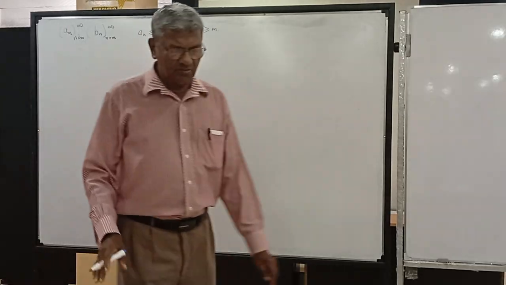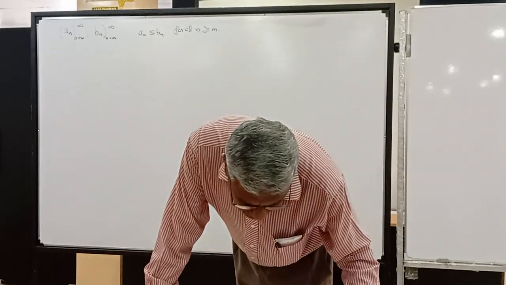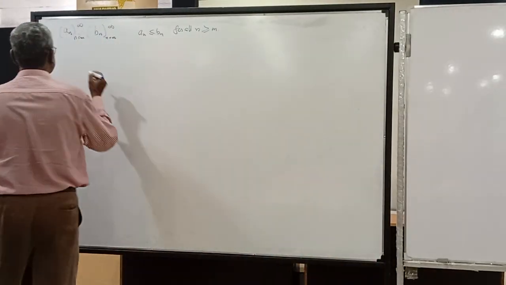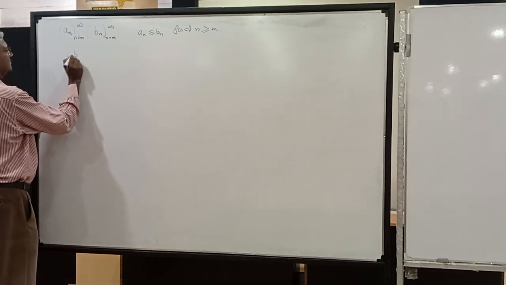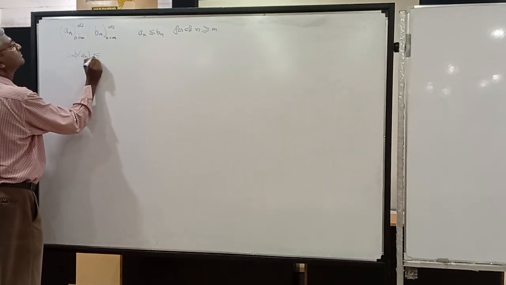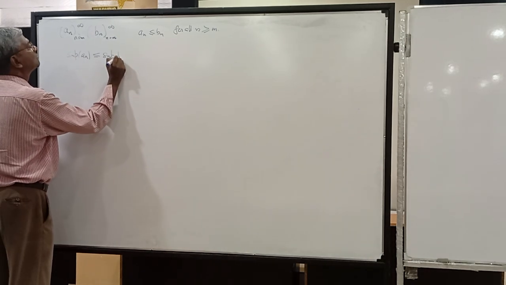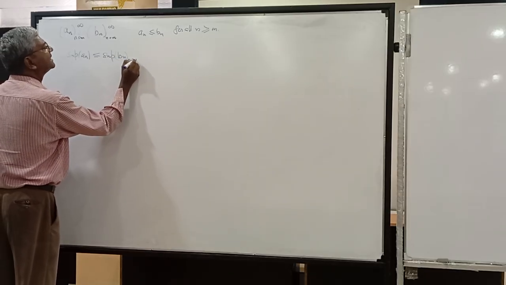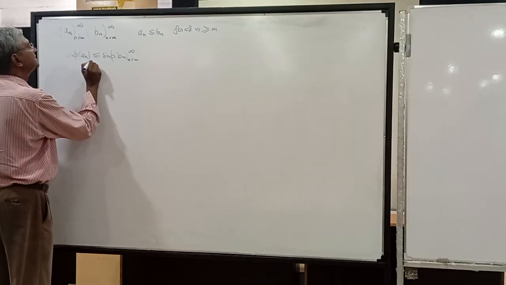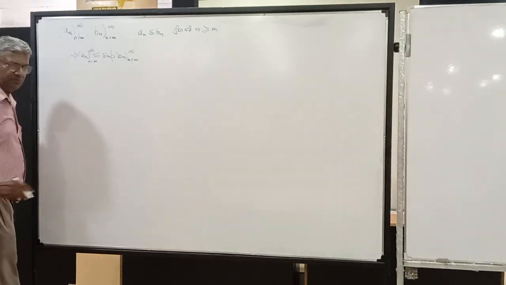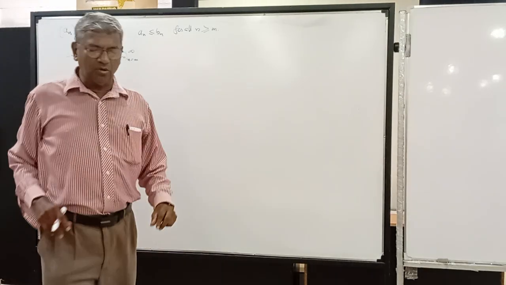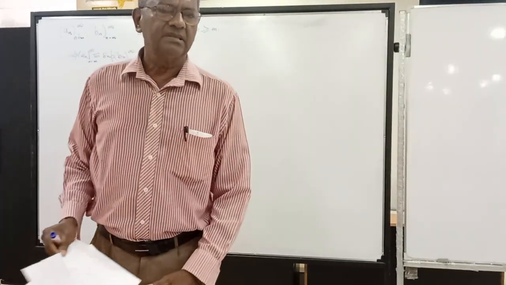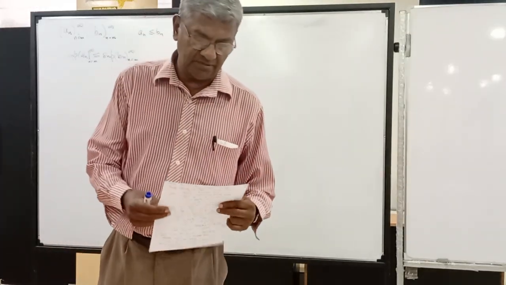You have to prove that sup a_n is less than or equal to sup b_n, n going into infinity. We are not told that these are bounded sequences, so we have to consider that case also.